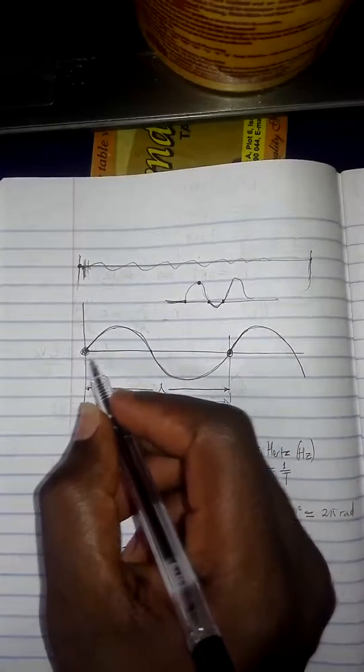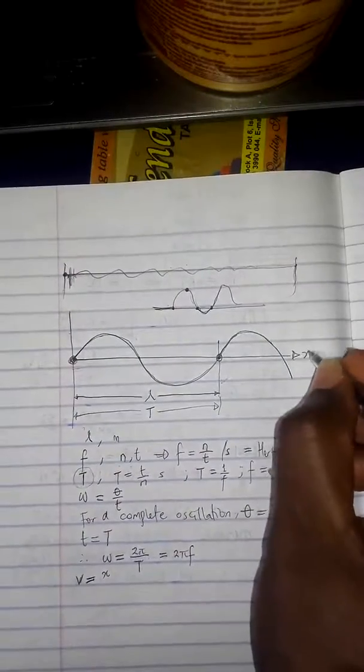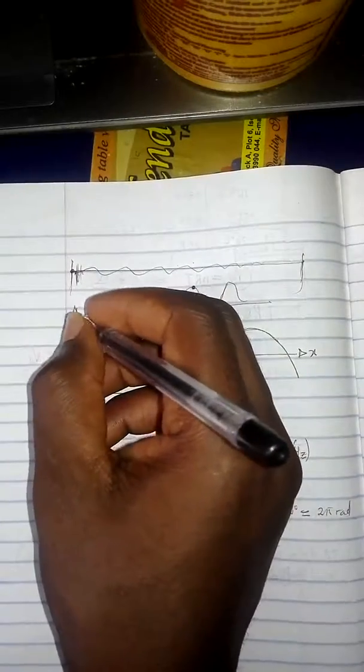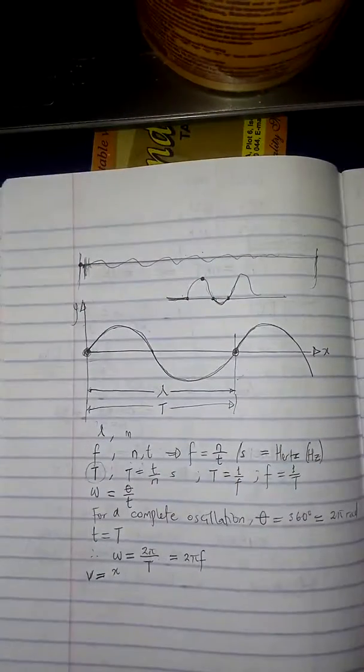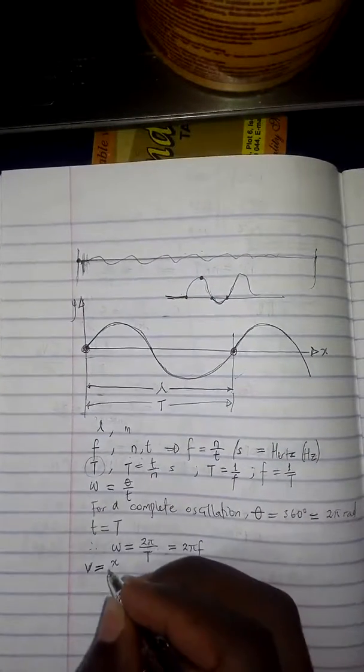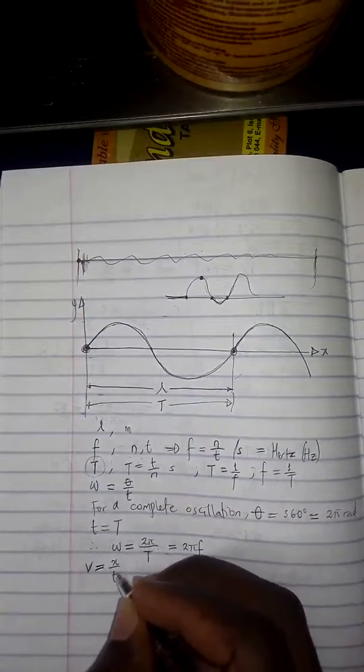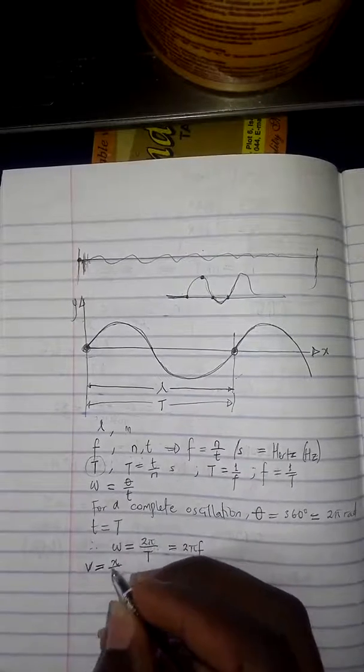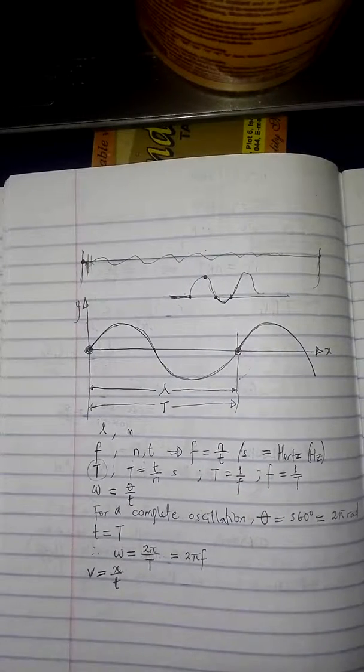That is the linear displacement of the wave in this direction. We can call this x, this y, divided by the time, and that will give us the magnitude of the linear velocity of the body.